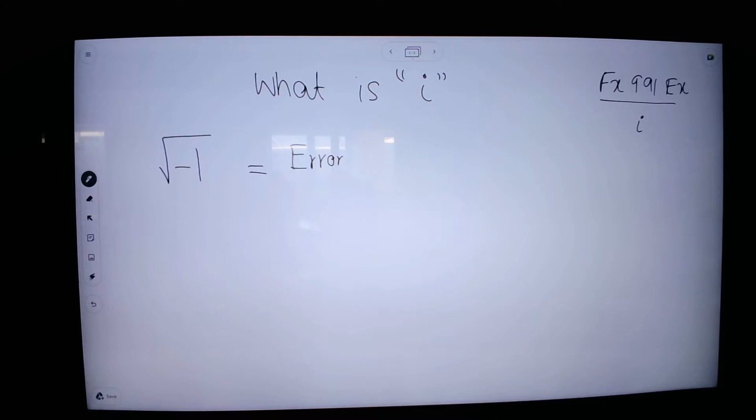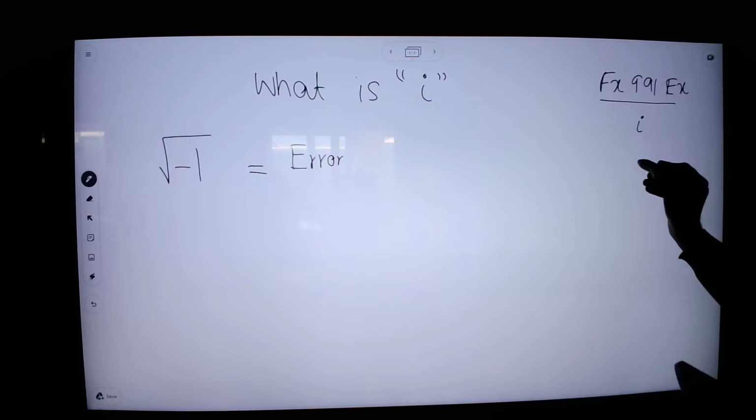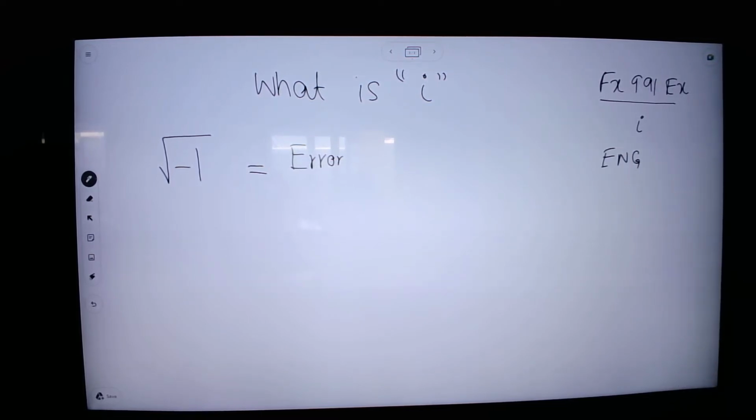Then there is a black button and a white button. After the STO button, there's an ENG button. Click on the ENG button and the I will appear. There's a purple i on top of it. Now you have activated the complex mode.